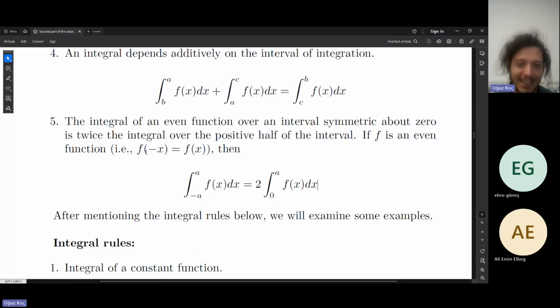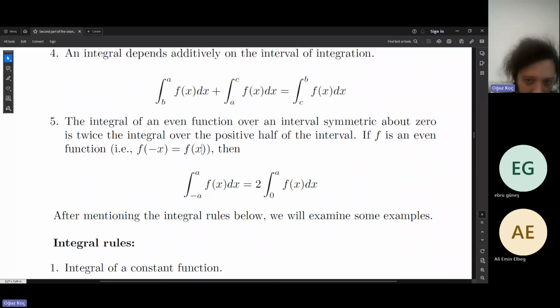What was the even function? It was when you take the mirror of minus x, the image under f of minus x has to be equal to the image under f of positive x.